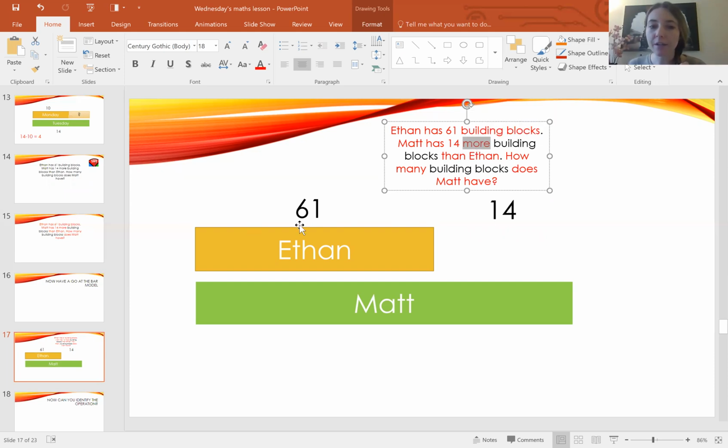We know that Ethan has 61, so I put 61 on top of Ethan, and Matt has 14 more. So that means this bit here of the bar is 14, and this bit is 61. So it's the same for Matt. If we draw an imaginary line here, this part is 61, and this part is 14.